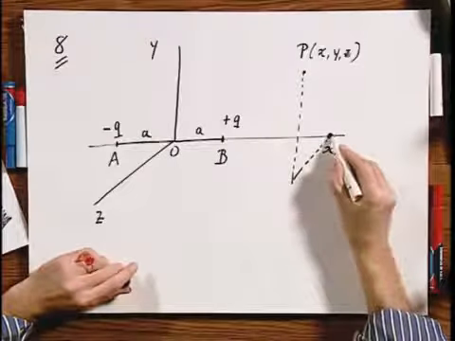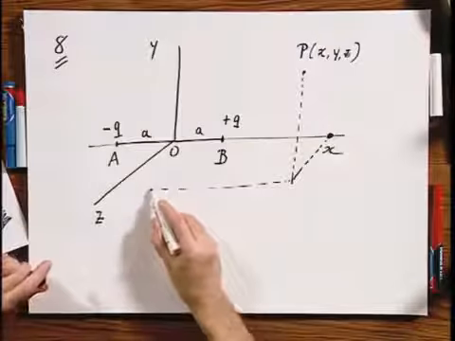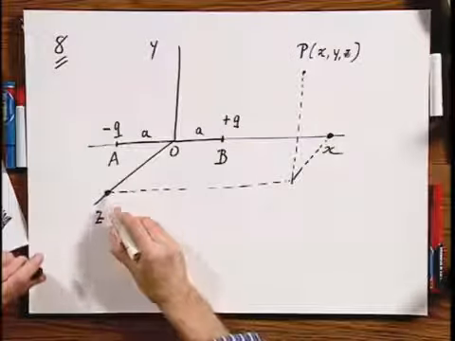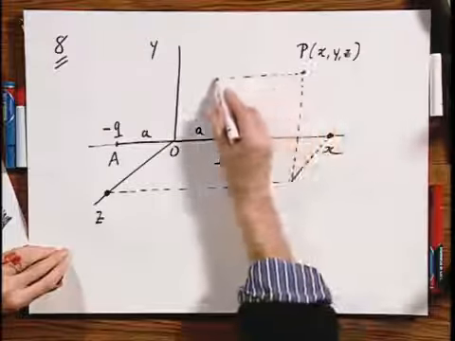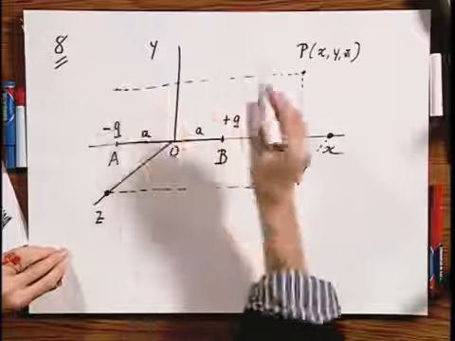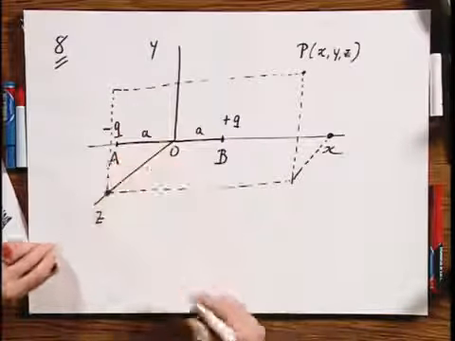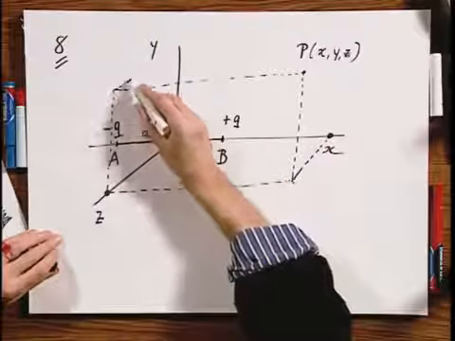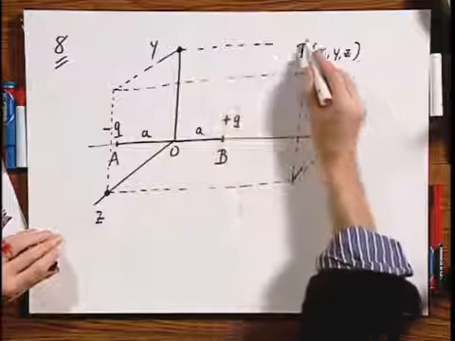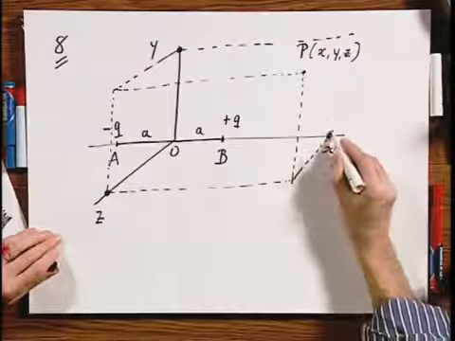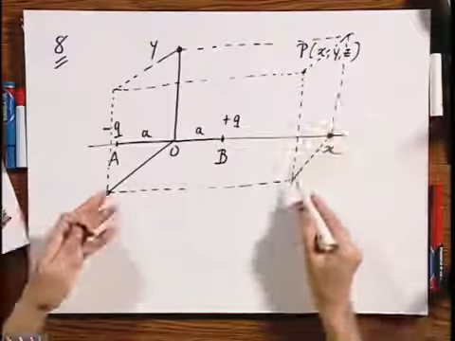So this is the X position of that point P. This is the Z position of that point P. Ooh, I hope that I can draw straight lines. It's not so bad. And this is the Y position of that point P. I hope you can see this as a box.